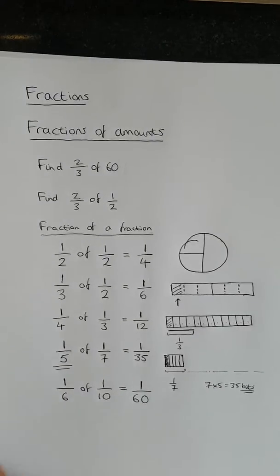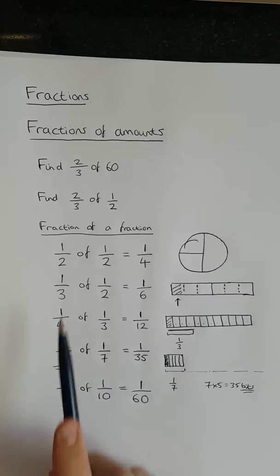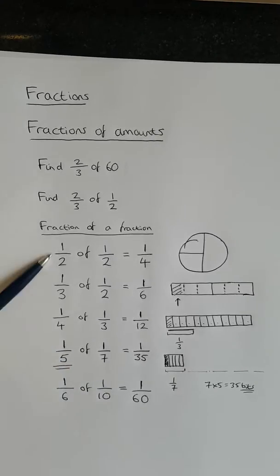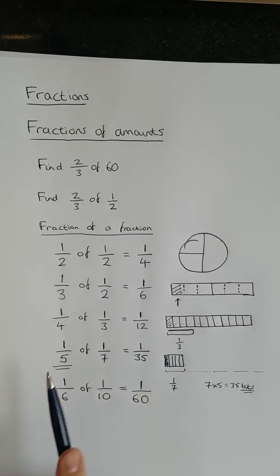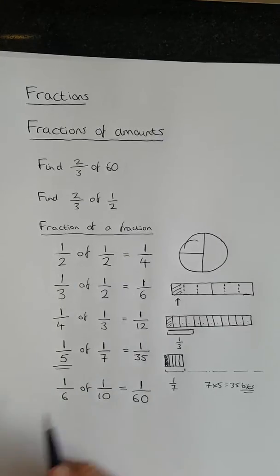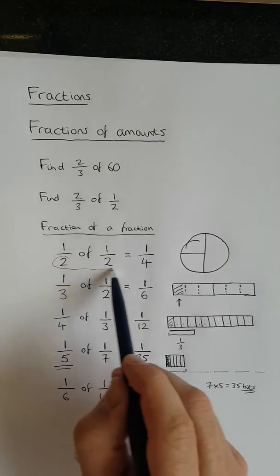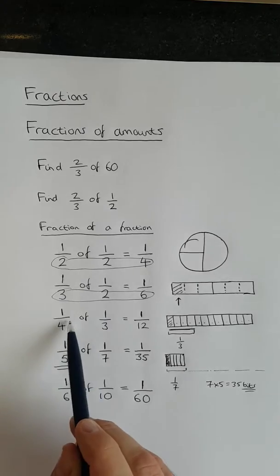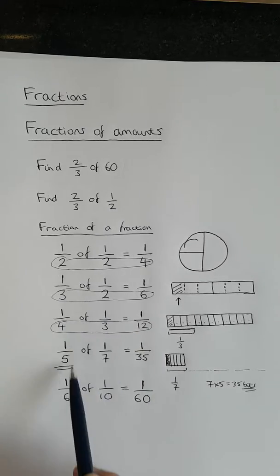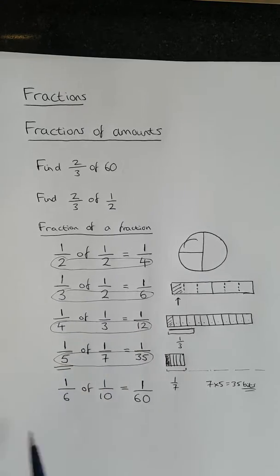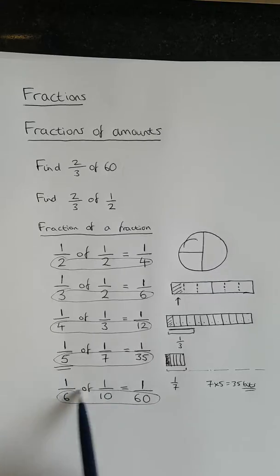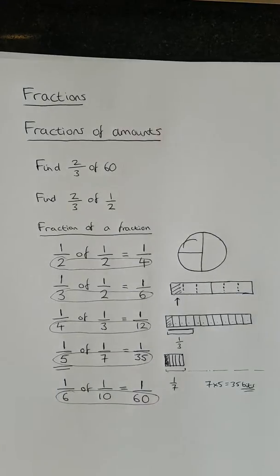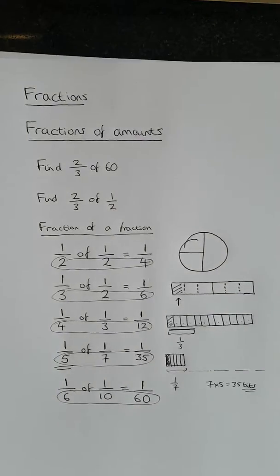Okay, so what we know so far is when we're finding 1/2 or 1/3 of something, we've got a bit of a pattern emerging here with our numbers. 2, 2, 4, 3, 2, 6, 4, 3, 12, 5, 7, 35, 6, 10, 60. What's that pattern I'm referring to?